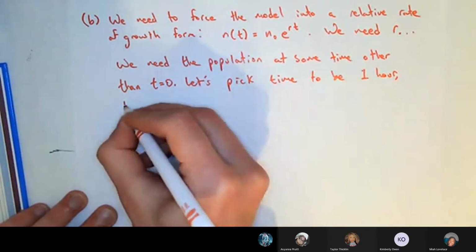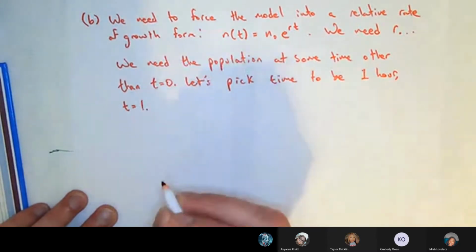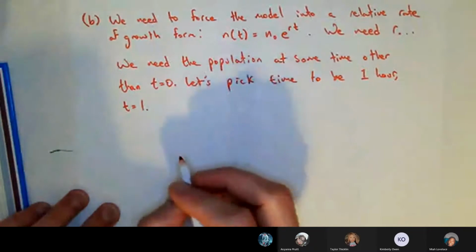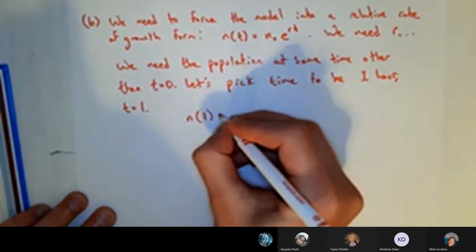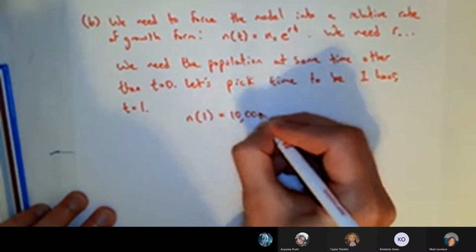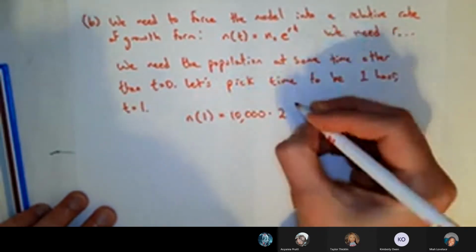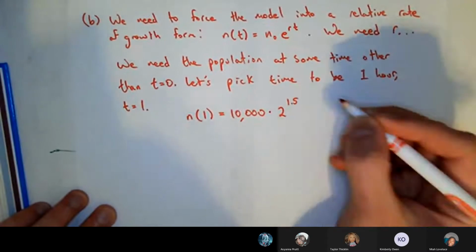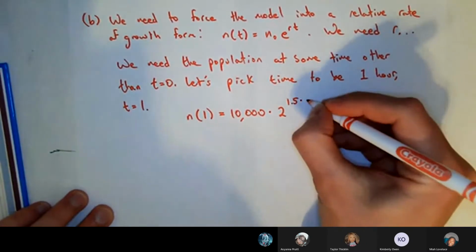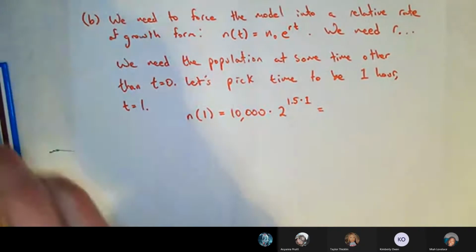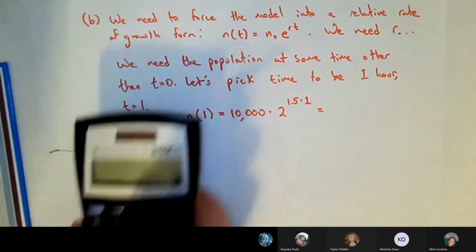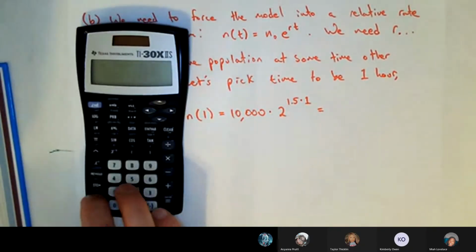In other words, t is equal to 1. So use the model that we just built to find this population after 1 hour. We'll say N of 1 is equal to 10,000 times 2 raised to the 1.5 times 1, which of course will just be 1.5. And this is going to give us a new population.